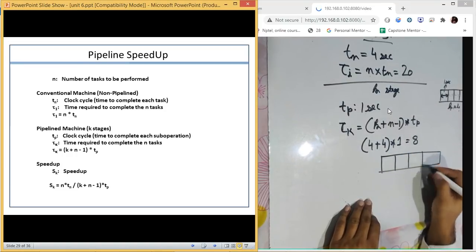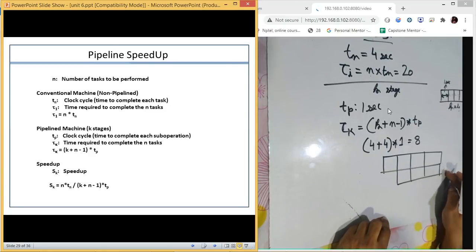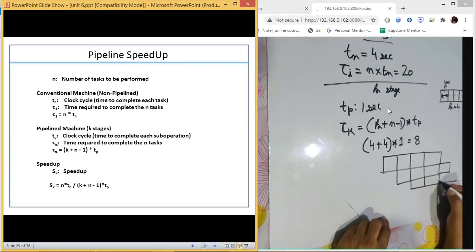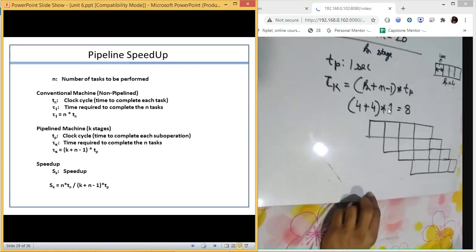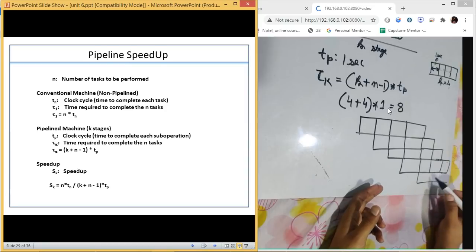1, 2, 3, and 4. Actually, it requires one more, so you can just imagine that this is at this place.